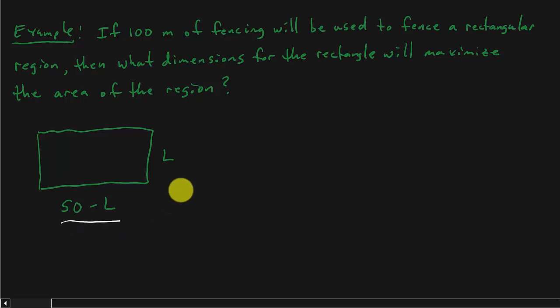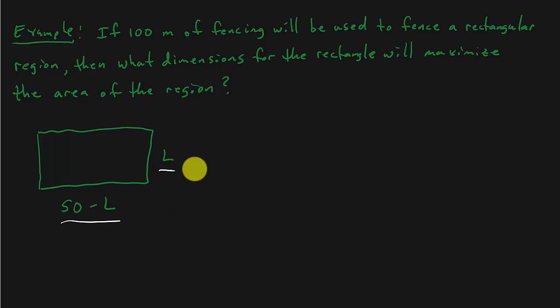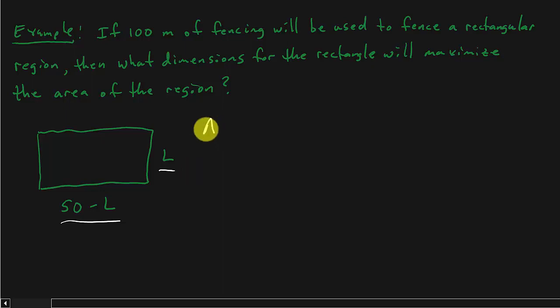And nice of them here, they give us the dimensions of the rectangle. And I want to maximize the area. Well, remember the area of a rectangle is length times width, right? Length times width.